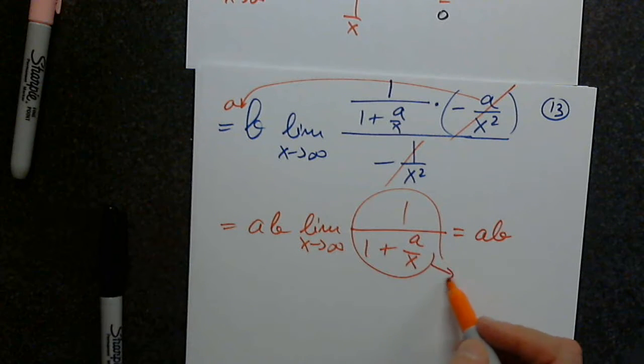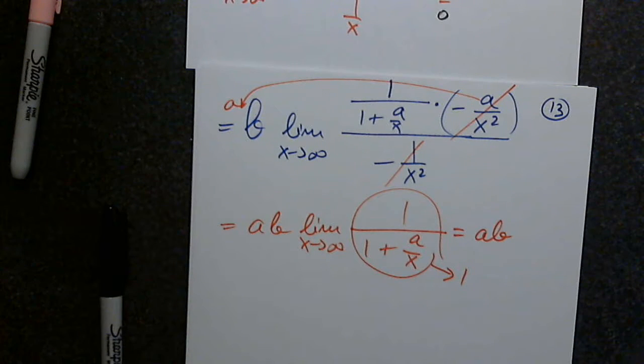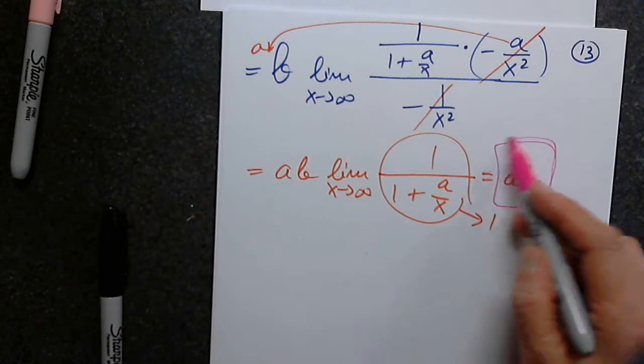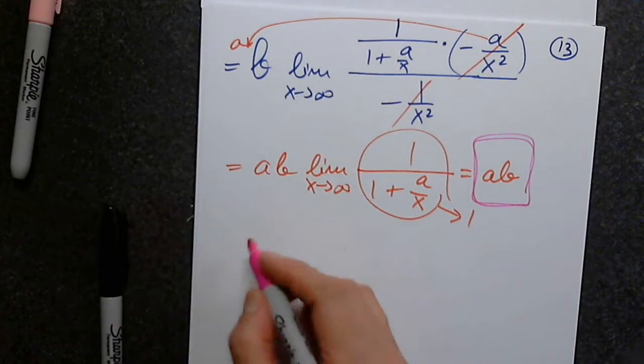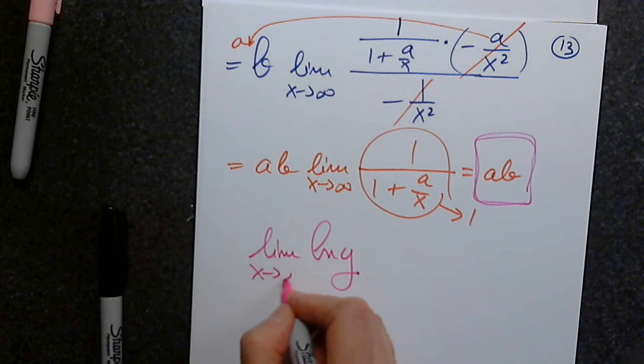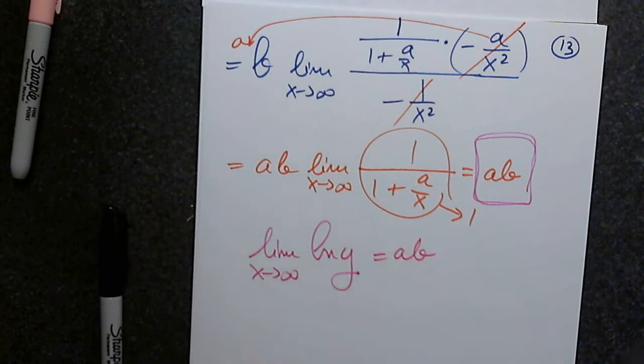So all this approaches 1, because a over x approaches 0 when x approaches infinity. 0 plus 1 is 1. 1 over 1 is 1. We haven't finished. I have to copy the beginning, and I have to copy the end. So the limit of natural log of the function as x approaches infinity equals AB.